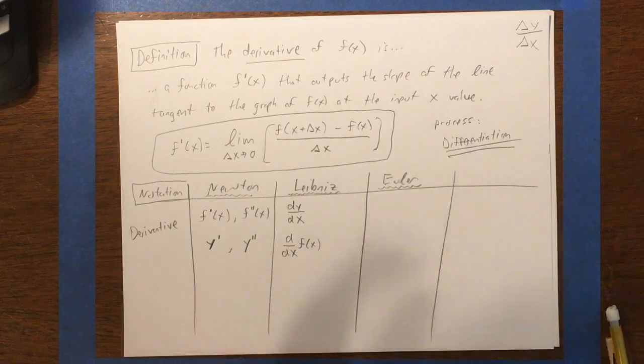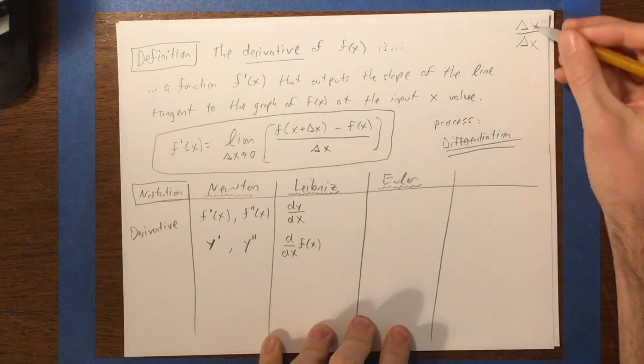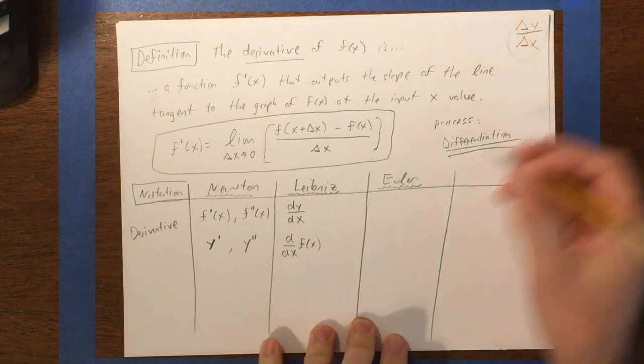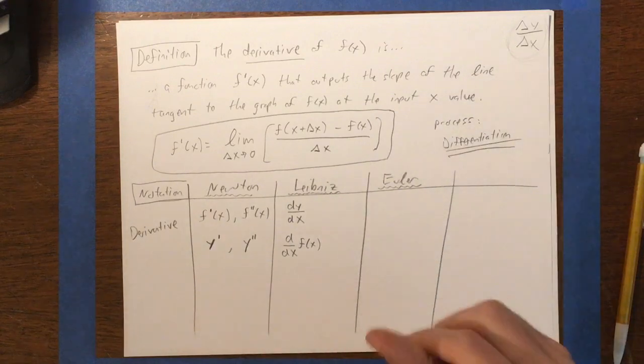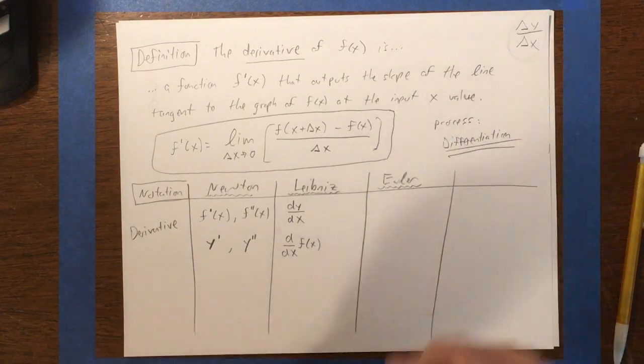The dy and the dx are called differentials, and we're going to talk more about what they mean later on. But for right now, you can think of it like a delta y over delta x situation, except the dy and the dx are infinitesimally small changes in x and y related to each other by the function.